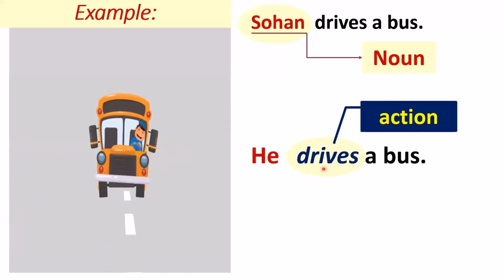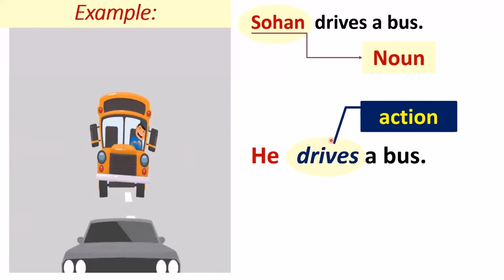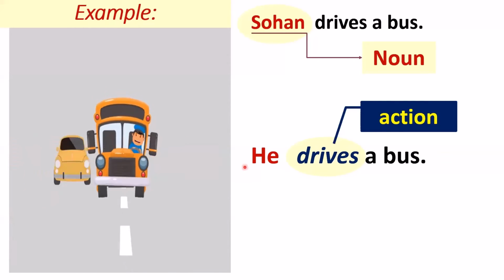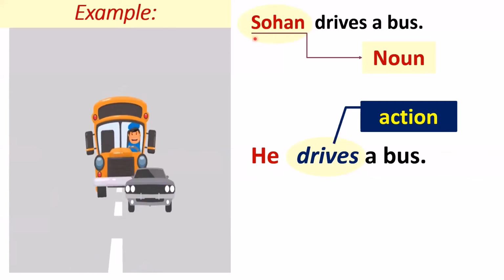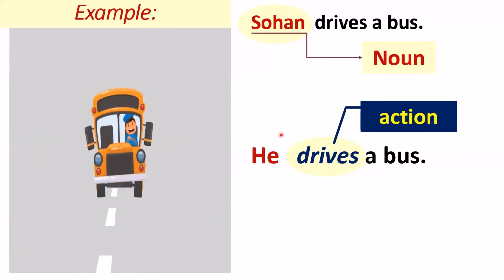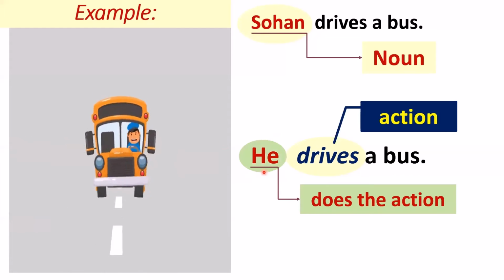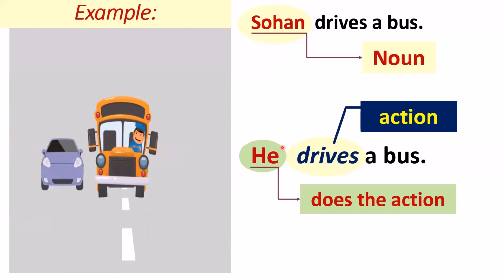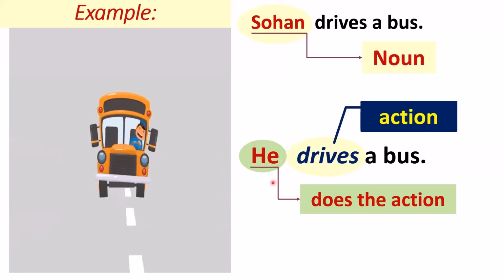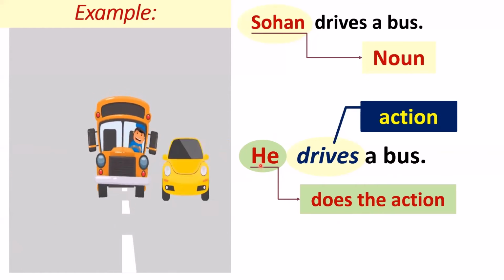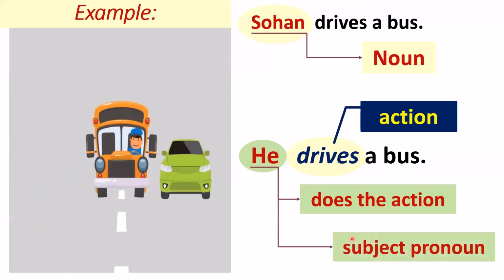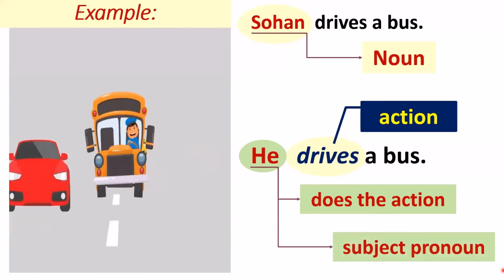Now who is performing this action? He. It means Sohan. So he here is doing the action. So the pronoun he is referred to as a subject pronoun.